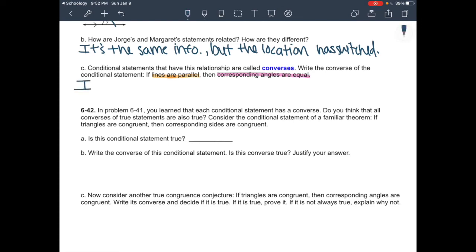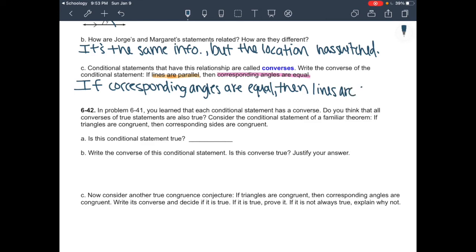So if, and then I'm just copying down the pink part, corresponding angles are equal. And then use the then, because that's where I've hit. On my sentence, I'm out of stuff to write. So then, and then I'm taking the orange part, lines are parallel.